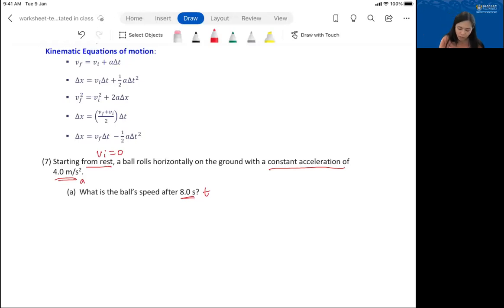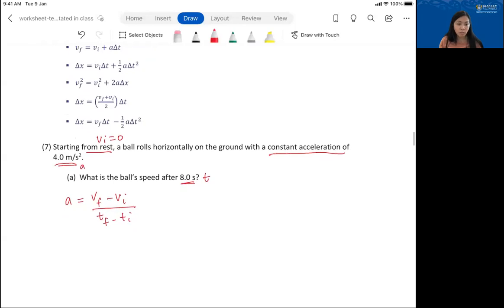And you know acceleration is related to velocities, final velocity minus initial velocity divided by the time interval. Okay, so just from the definition of acceleration, you can actually already solve the problem, because you're given the initial velocity, you're given the time, and you're given the acceleration.